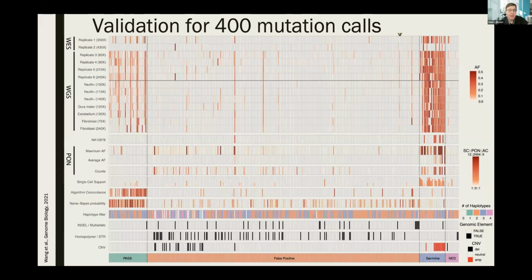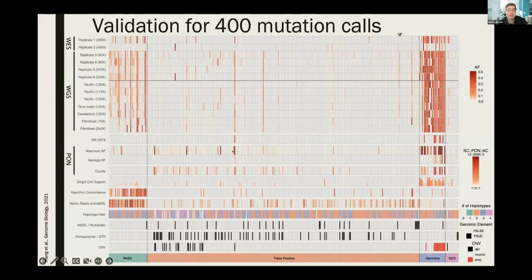One of the important things is that you can use a panel of normals, we call it PON, a panel of normal genomes, which are not cancer genomes or any particular disease. If you find a somatic mutation in a sample, it typically should be unique, maybe unique on Earth. Then you shouldn't find it anywhere else in the normal genomes which were sequenced before.